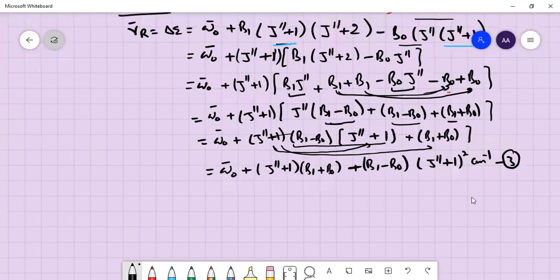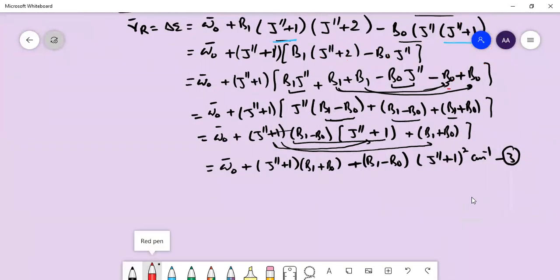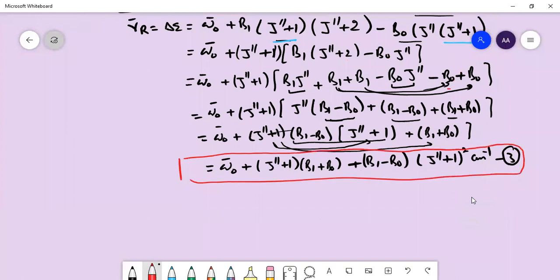So I can now have an equation for the R branches, where nu bar R or delta E is equal to omega naught bar, which is our band origin center, plus J double dash plus 1 into B1 plus B0, plus B1 minus B0 into J double dash plus 1 whole square.